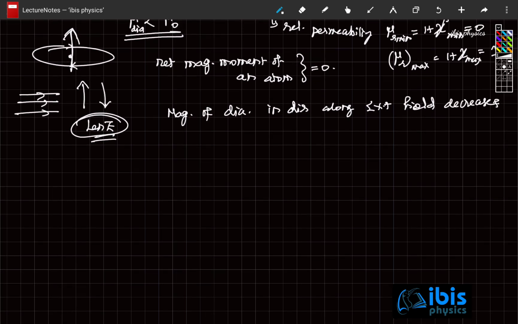And the other important part: some of the important diamagnetic materials are bismuth, copper, lead, silicon and nitrogen, at standard temperature and pressure. These are all diamagnetic materials.